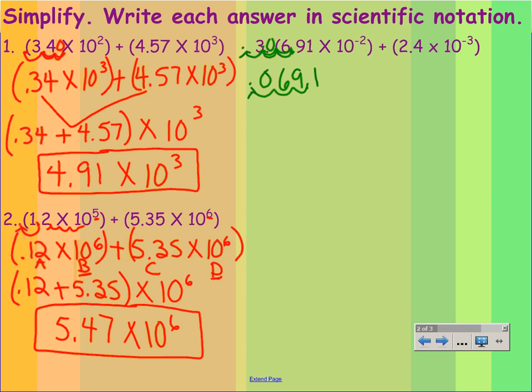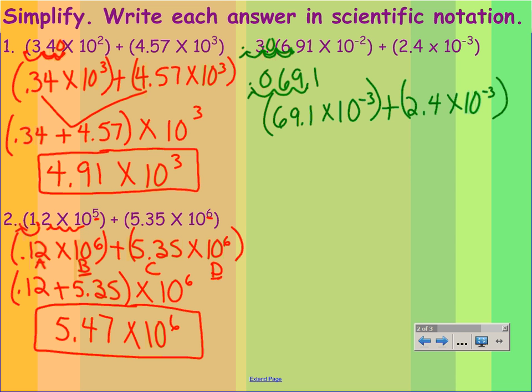Please, instead of trying to memorize a rule, just stop and think of that thought process. I was supposed to move it 2, but now I want to move it 3, so now it has to land between the 9 and the 1. So we have 69.1 times 10 to the now -3rd power. Remember that -3 simply means moving the decimal 3 places to the left. And then I'm just going to rewrite the second part of my equation and put it in parentheses.